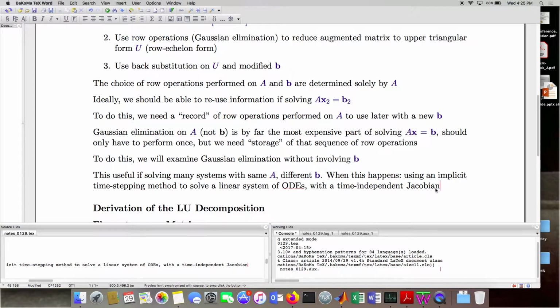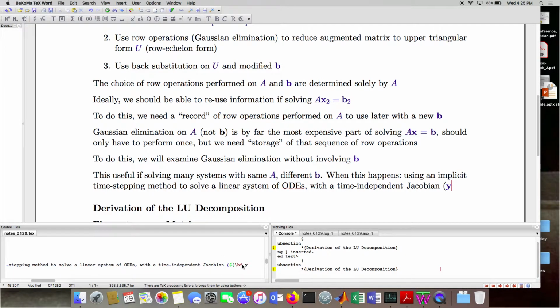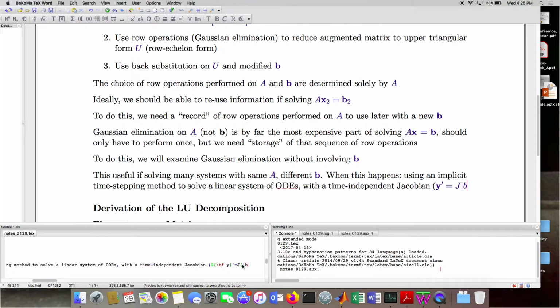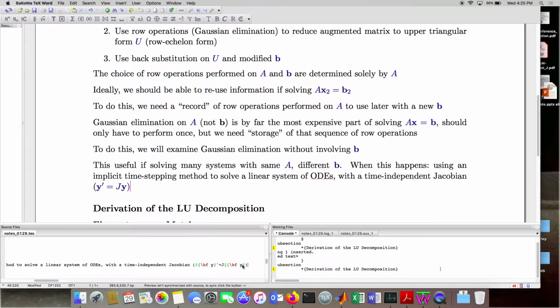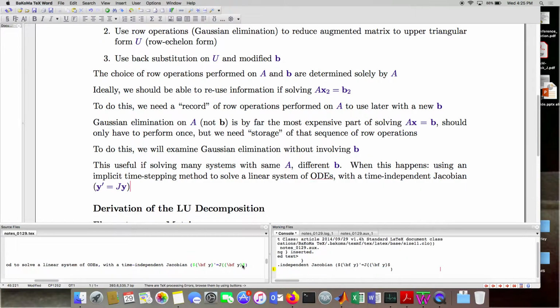So in other words, y prime is equal to J y. Okay, so there's a system of this form where J is the Jacobian.